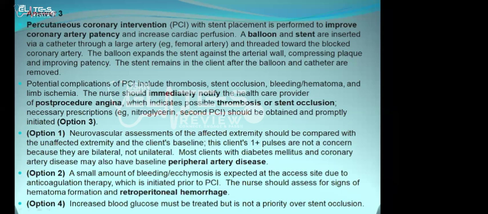If in another question you don't get angina or impeded blood flow to the heart, and you get something like unilateral pulse, then it means you've learned something from here. After coronary artery stent placement, you should get a bilateral flow of pulses, not unilateral. So this is additional information that is telling you.